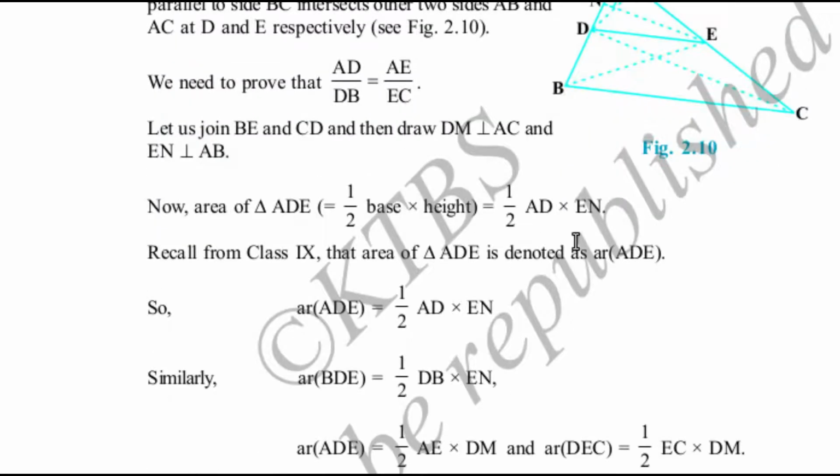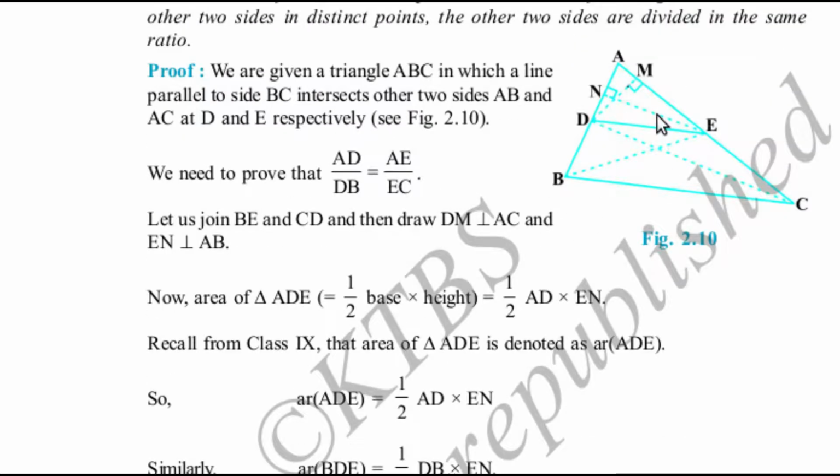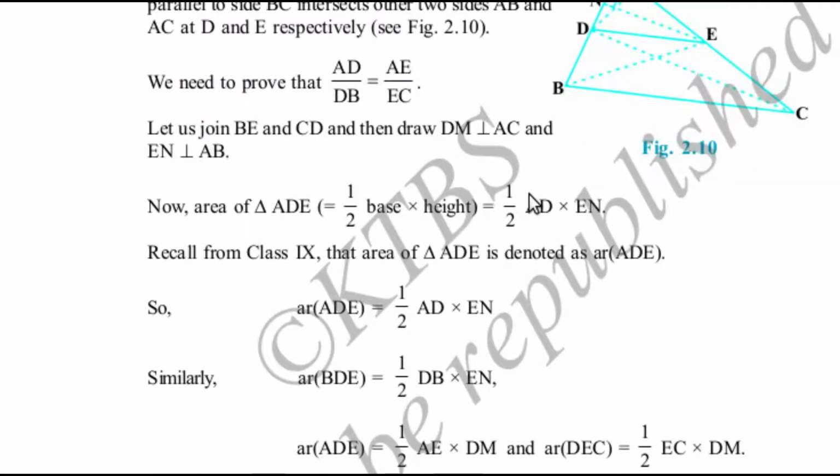Now what is the area of triangle ADE? The area of a triangle is half into base, which is AD, into height NE. Here we can see the area of triangle ADE is half into base into height, AD into EN. Similarly, what is the area of triangle BDE?